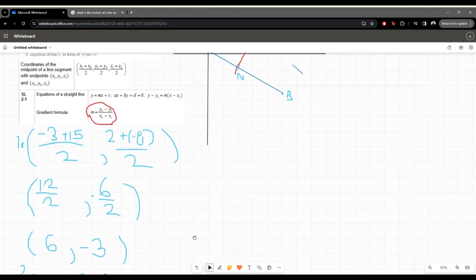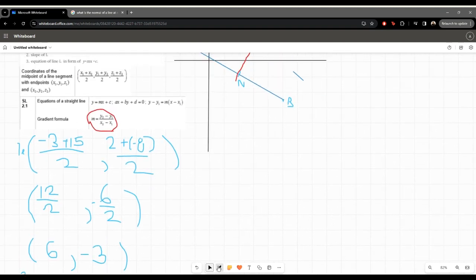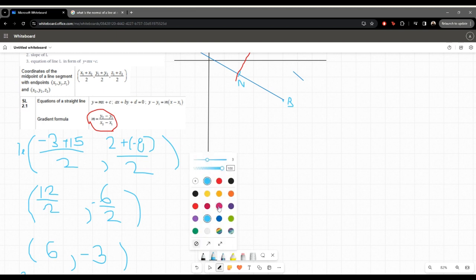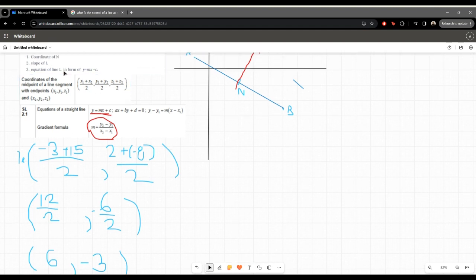So we will be using the equation of a straight line, where we want to find the equation of line L in the form of y equals mx plus c, but we can do this by using the point slope form of an equation, okay?